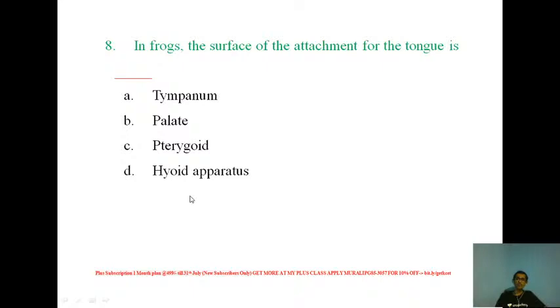What is the muscle observed in the tongue of human being? Anyone can answer. What is the muscle which is important with respect to the tongue of human being, that helps in the attachment of the tongue to the base of the buccal cavity?